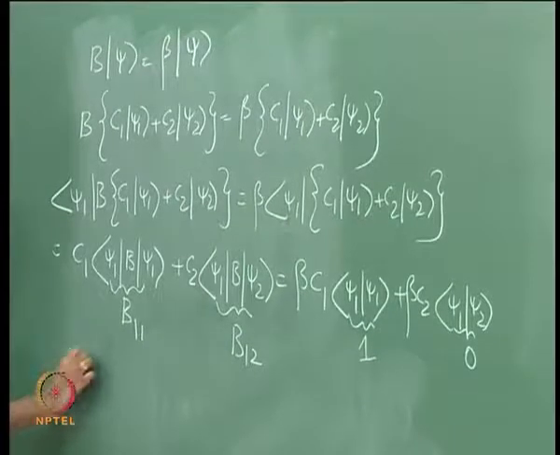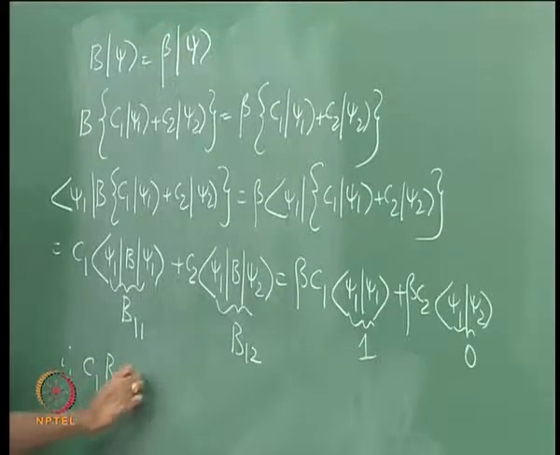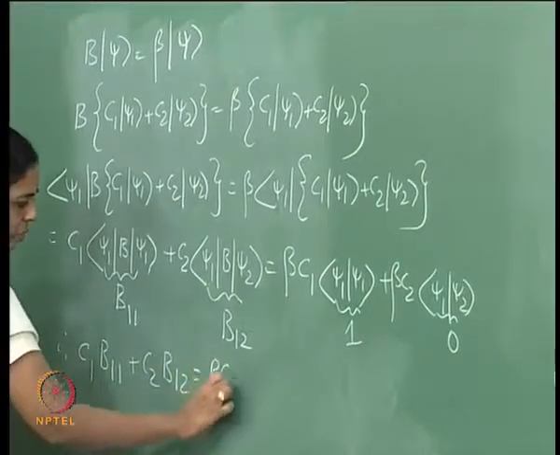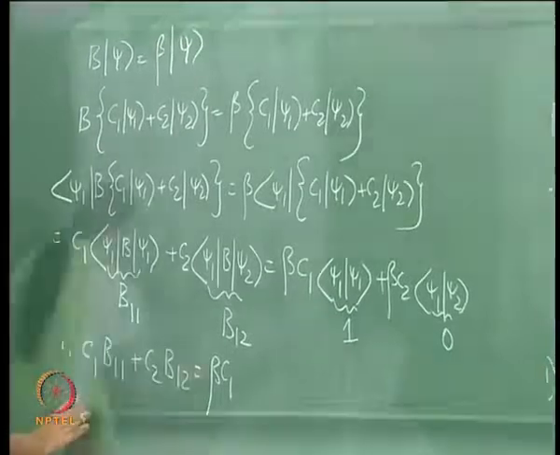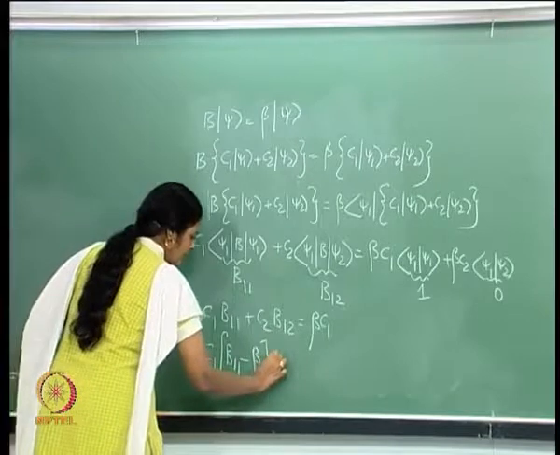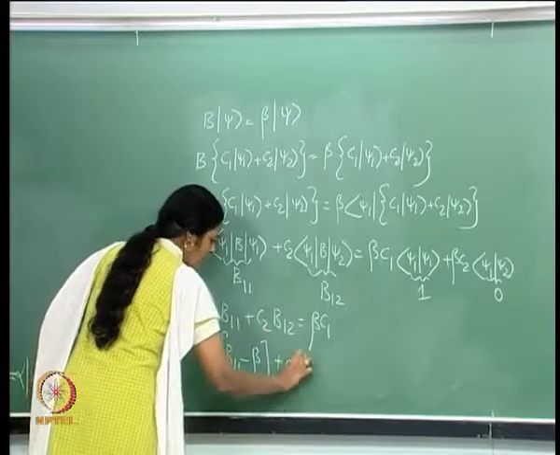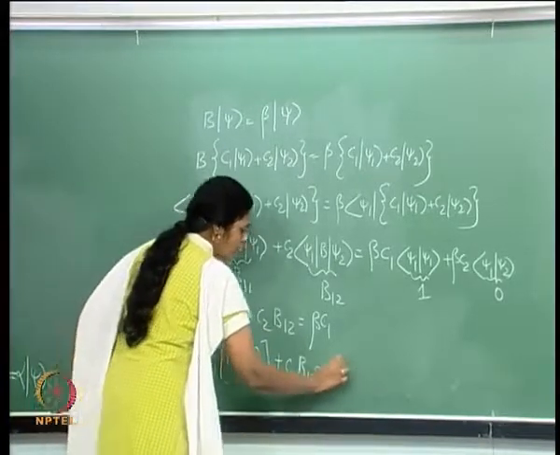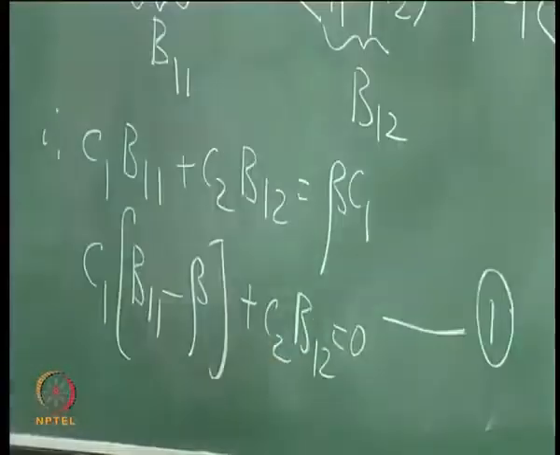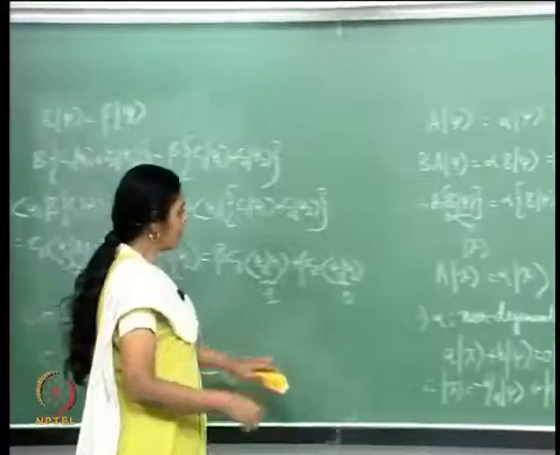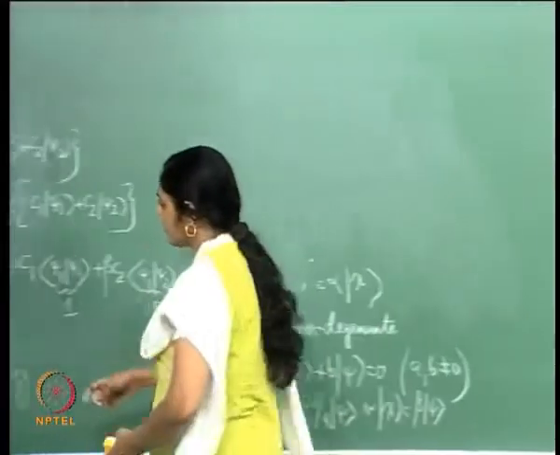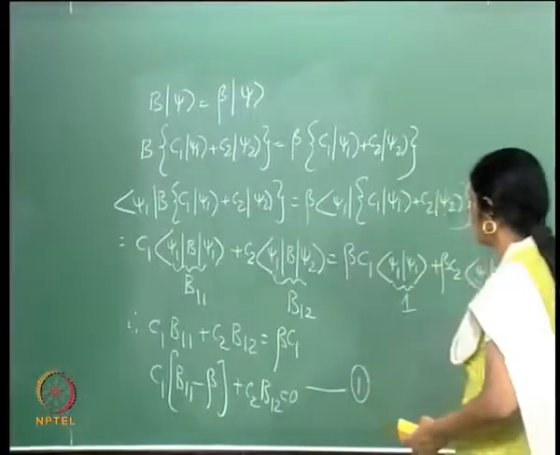So I have C1 B11 plus C2 B12 is beta C1. In other words, C1 times B11 minus beta plus C2 times B12 equals 0. Let me call that equation 1. Similarly, I can do the same operation, except that I can use psi 2 there instead of psi 1.